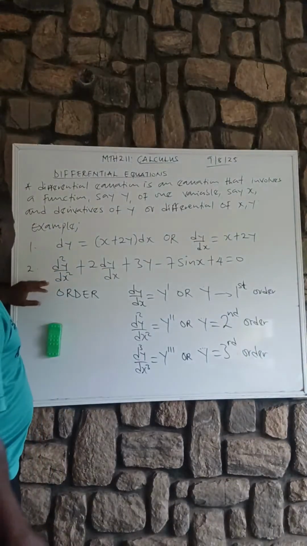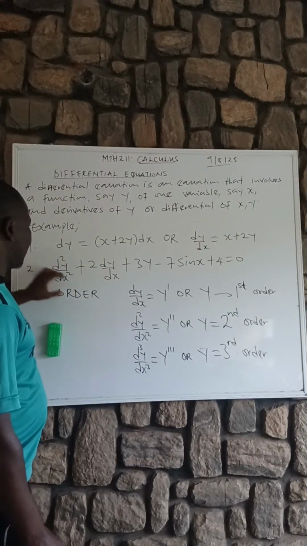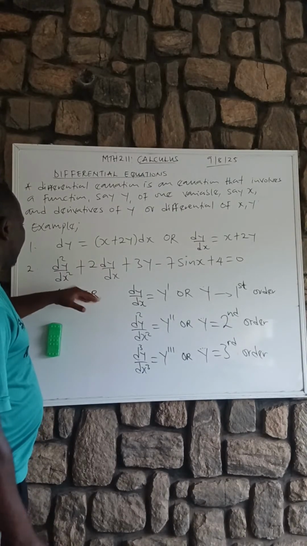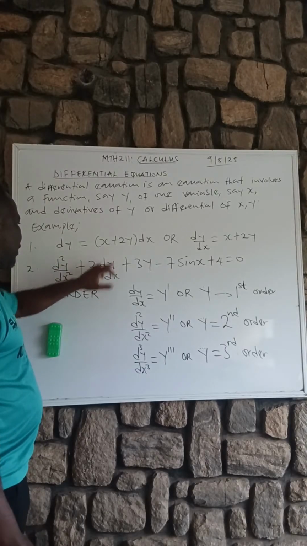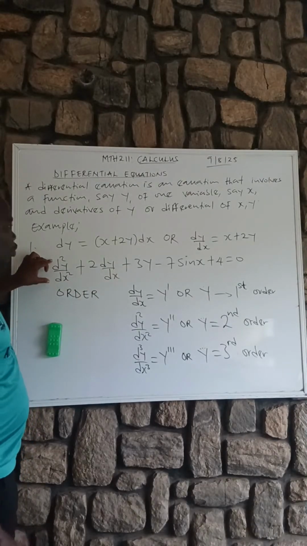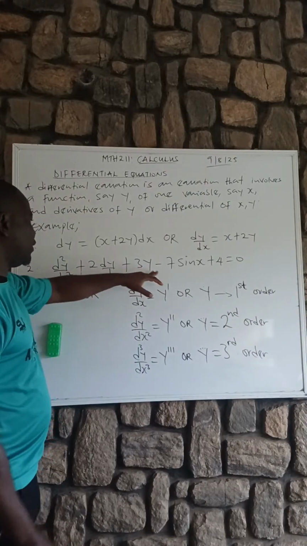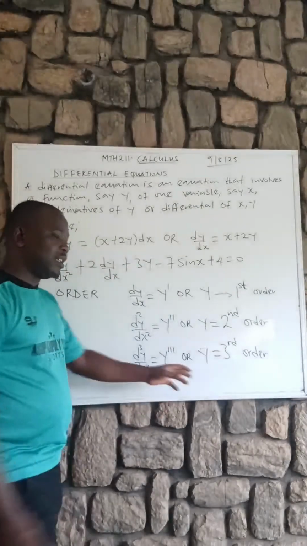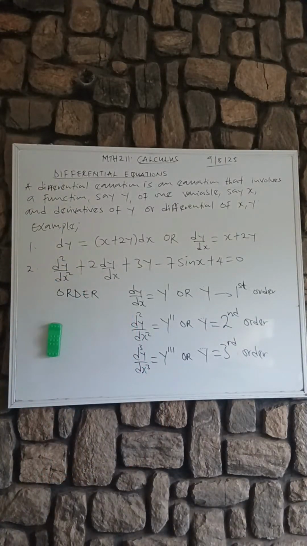Then let's look at the second one. What is the highest order? We have d squared y over dx squared. We also have dy over dx squared. So the highest order here is 2. So this second example is a second order differential equation. Do you understand?